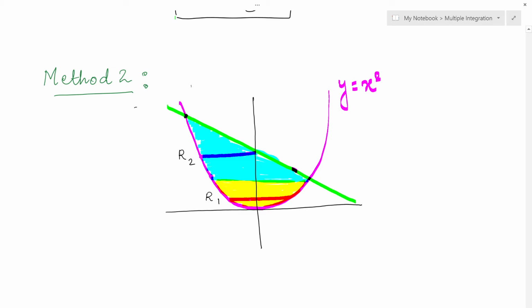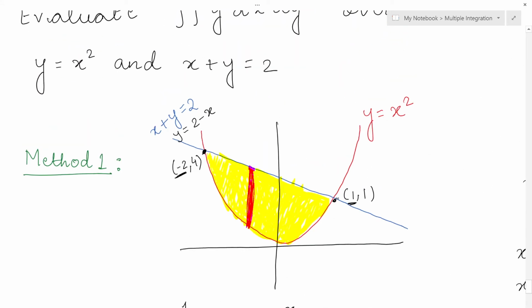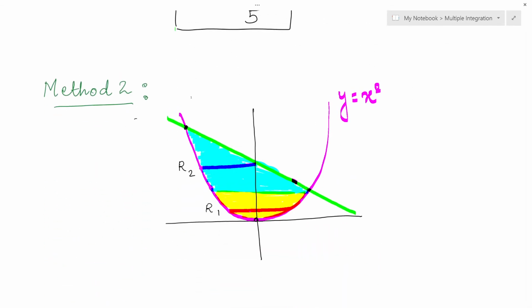Points I have already found here. Let me see what are the points that I have found out. This was -2, 4, this was 1, 1. So we can take those points over here. And this is obviously the origin.